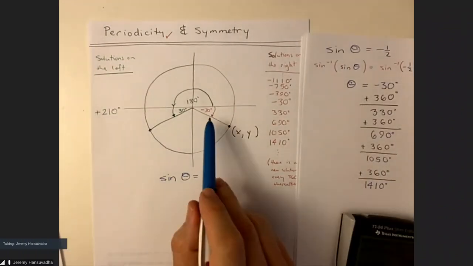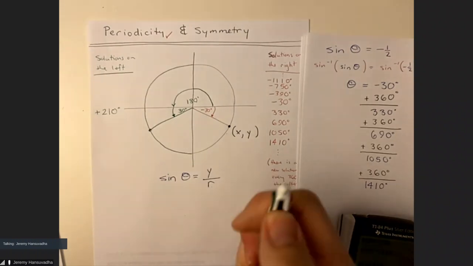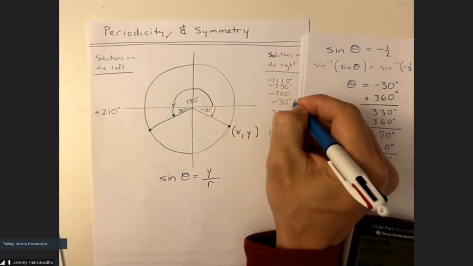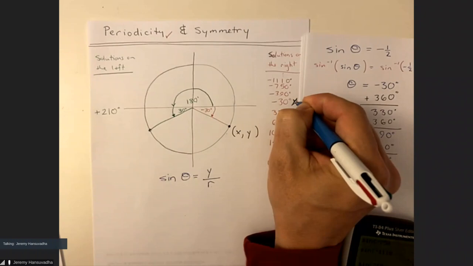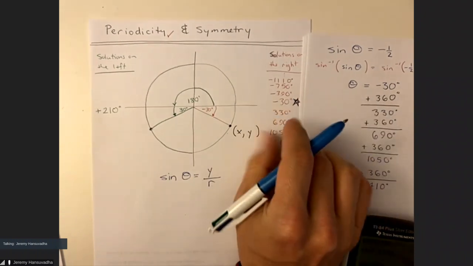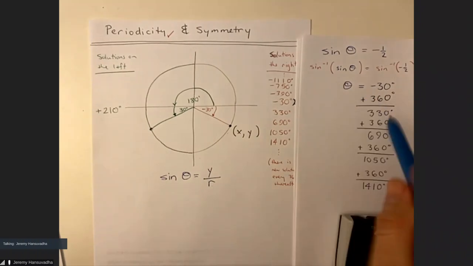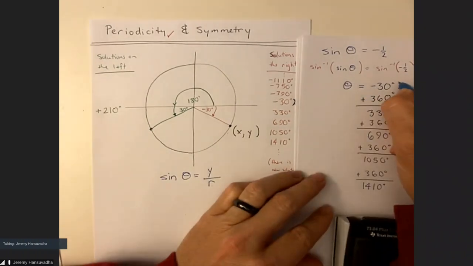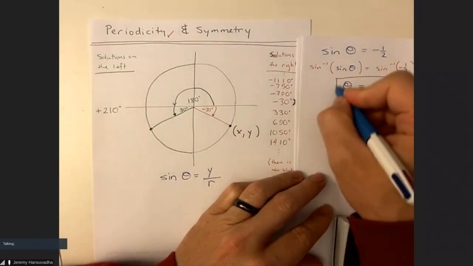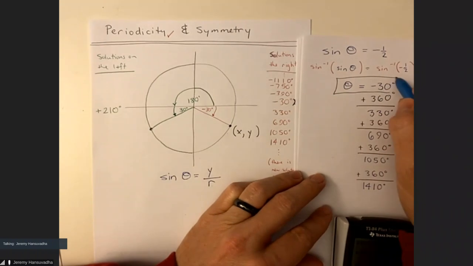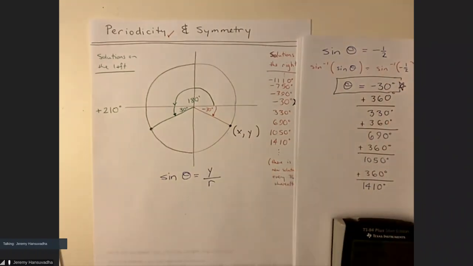We have our principal value. I'm going to put a star next to this, the principal value. So when we solve equations like this on the calculator, we get a principal value, and then we can use symmetry and periodicity to find others.